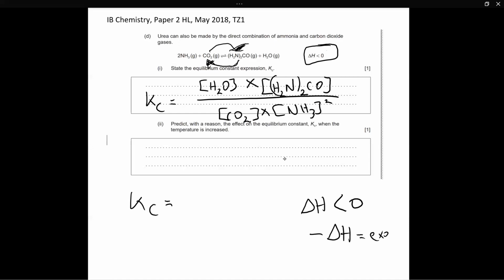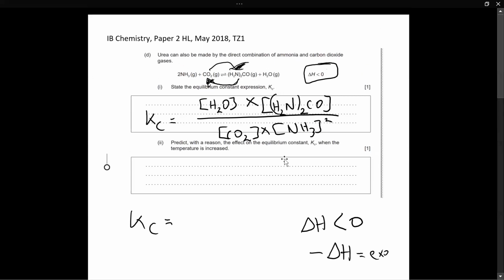Similarly, the reaction is trying to adjust, or it's trying to maintain the equilibrium by shifting to one side or favoring the production of either reactants or products. And in this case, because the forward reaction is exothermic and we are increasing the temperature, it's going to favor the reverse reaction because it wants to maintain the original temperature it was at before we increased the temperature.